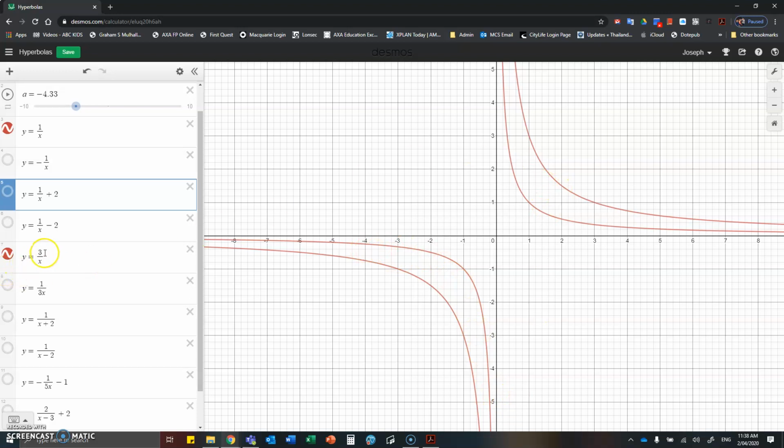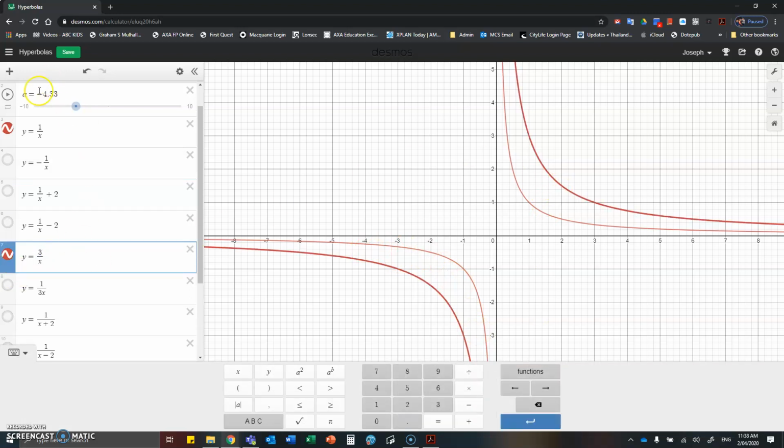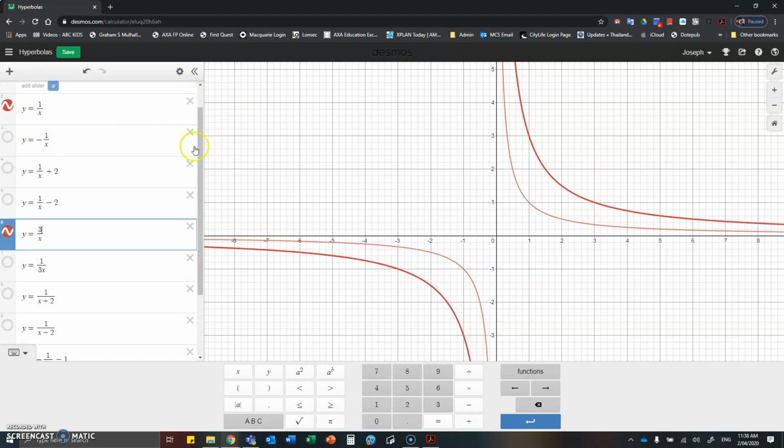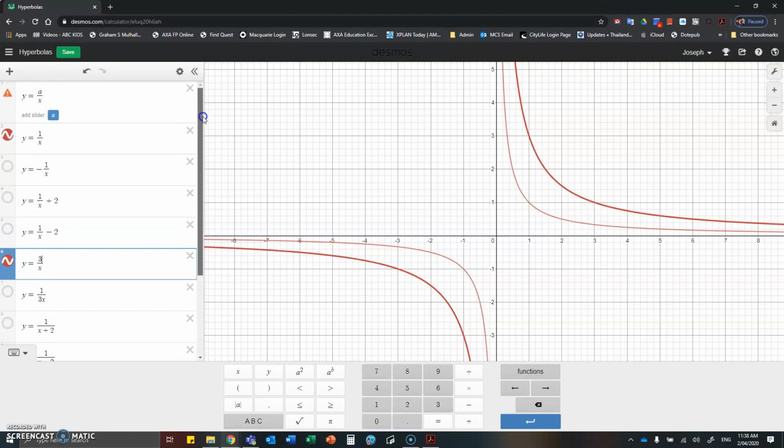Both of them do, but when you increase the value of a to 3, it dilates. It actually makes your graph, your hyperbola, wider or fatter, however you want to describe it. Okay, so the larger the value of a, the bigger the dilation of your hyperbola. It's a lot wider and it doesn't taper as quickly.